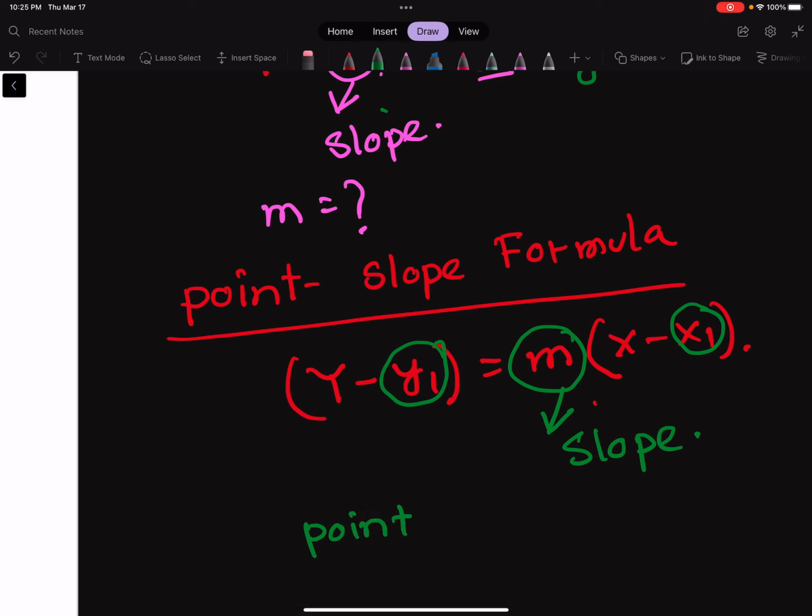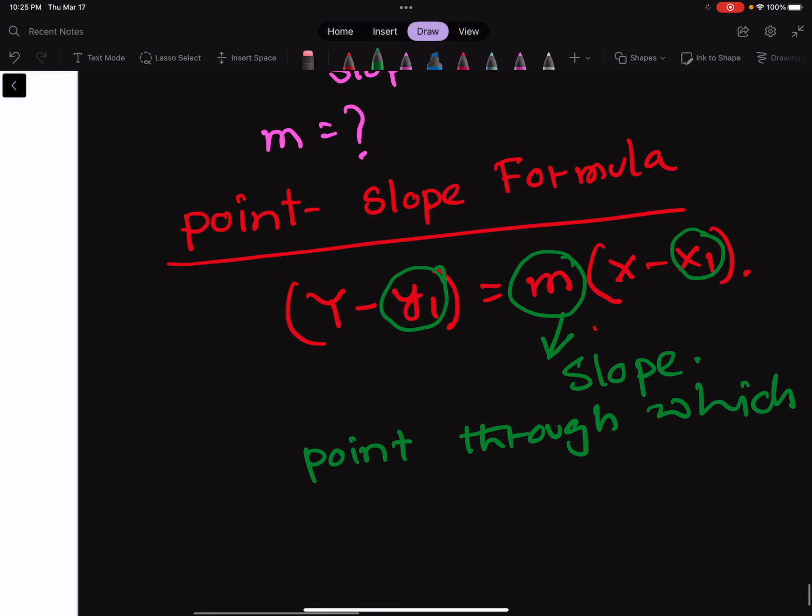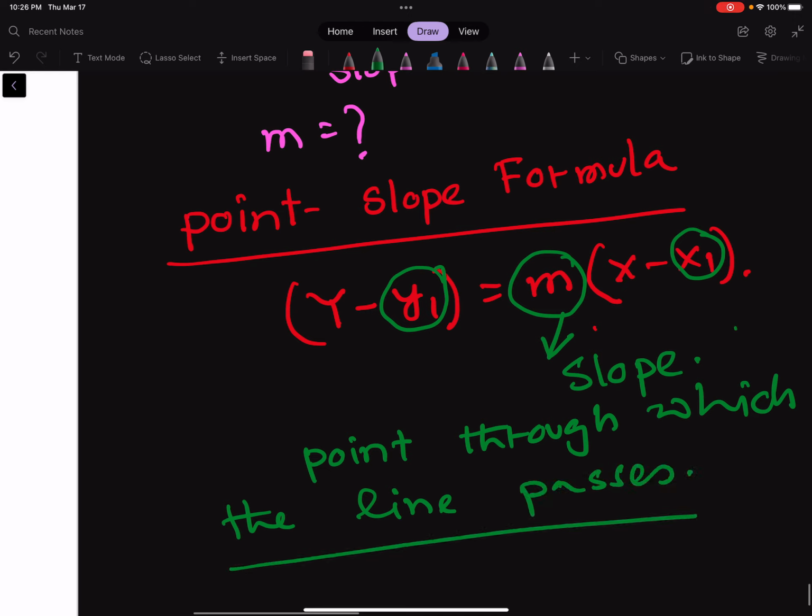through which the line passes. So we'll need that.